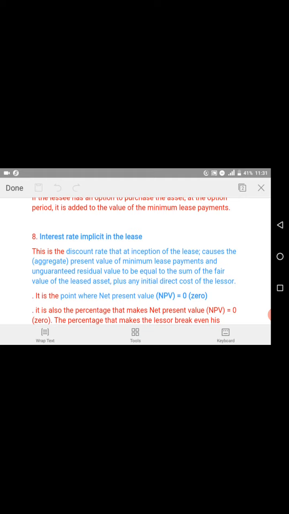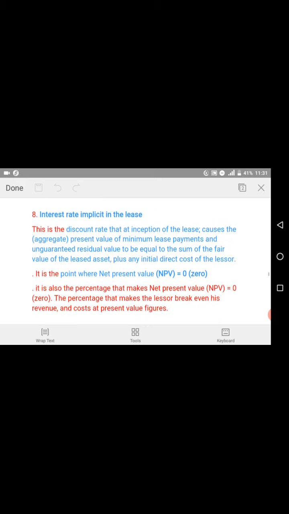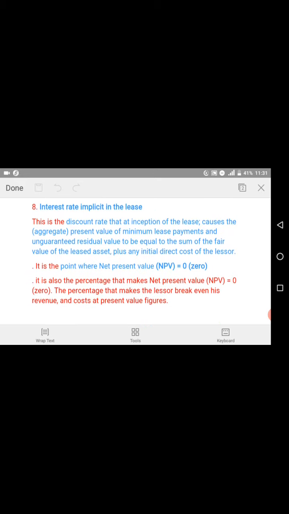It is the point where net present value (NPV) equal to 0. It is also the percentage that makes net present value (NPV) equal to 0, the percentage that makes the lessor break even his revenue and costs at present value figures.